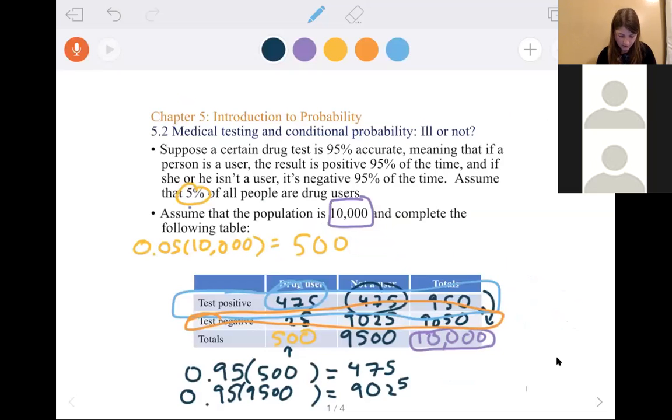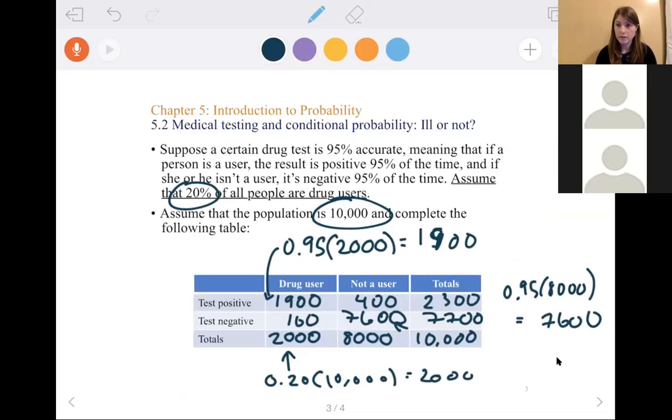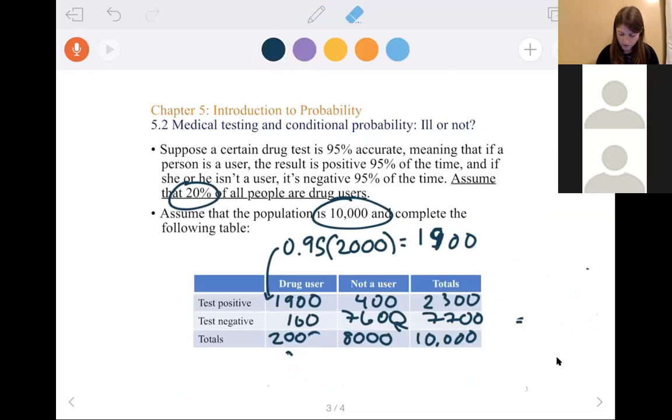More who test negative in the not a user column and fewer who test positive. That same pattern is reflected here. So when we calculate our PPV and NPV, we're going to use this table and we're going to get different values. So let's go ahead and do that quickly, and that's where we'll end here.